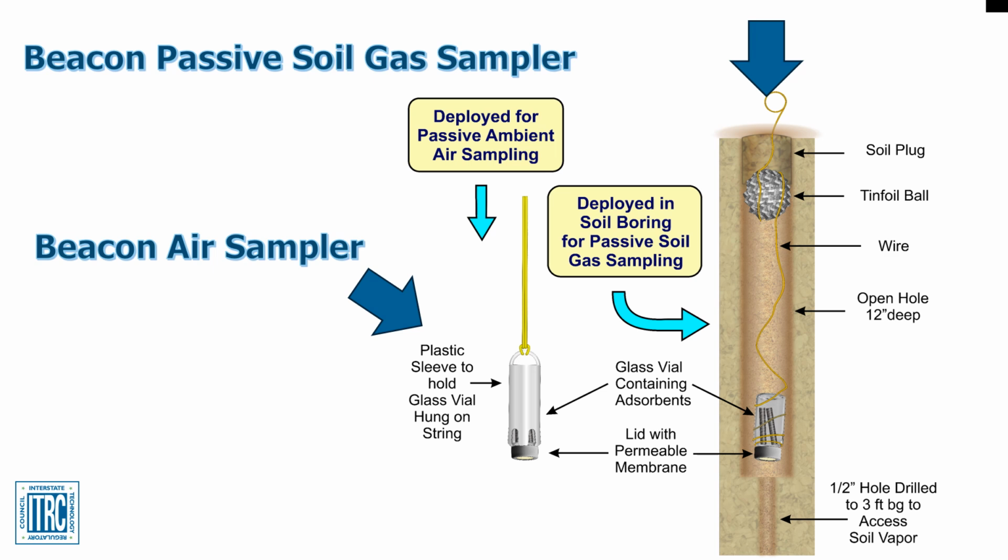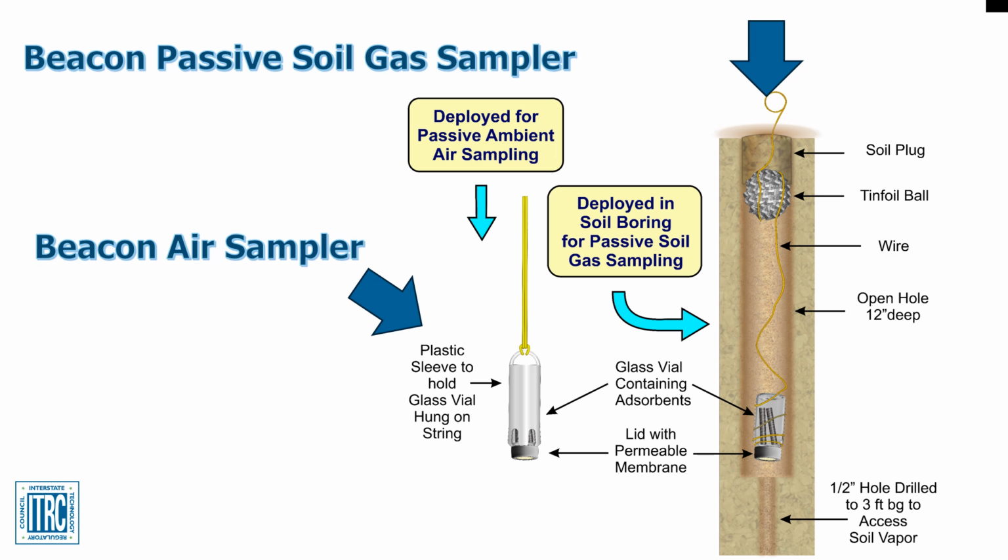For soil gas sampling, the sampler is equipped with a wire for suspension of the sampler within the boring. For air sampling, the glass vial is secured and protected by a plastic holding sleeve, equipped with a hook and suspension line. They are ideal for source zone characterization, lateral delineation of a contaminant plume, sewer gas sampling, and assessing if vapor intrusion is occurring.